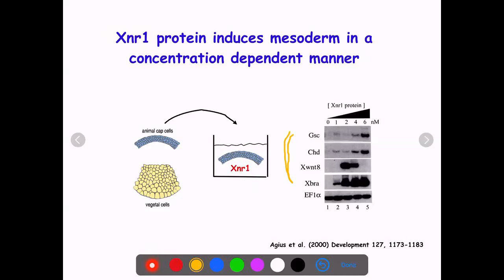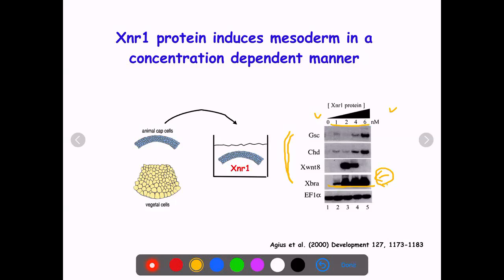And what will happen is that you increase the dose of XNR, and then they will make this XBra right here. This is a true mesoderm marker. And then as you increase the XNR, it will produce more and more of the XBra.